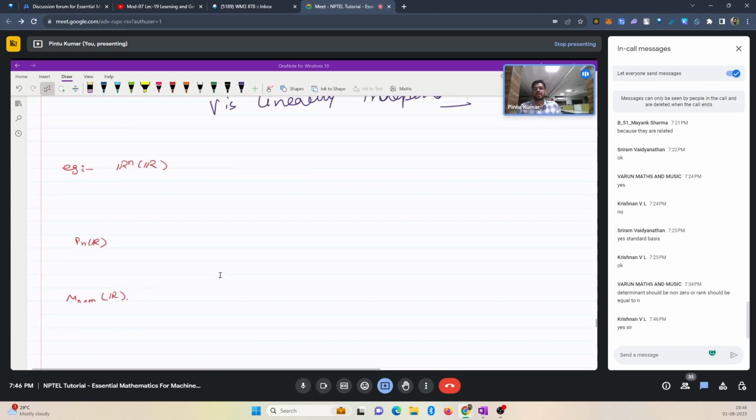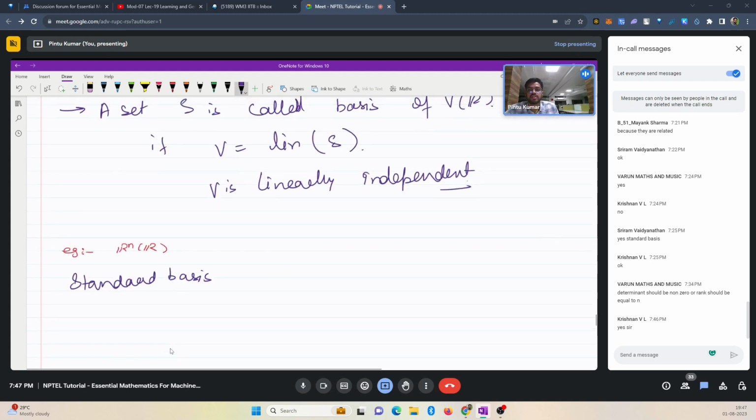So if you look at Rn, we have something called the standard basis. Another thing is that the number of elements in your basis set is called the dimension of that vector space.